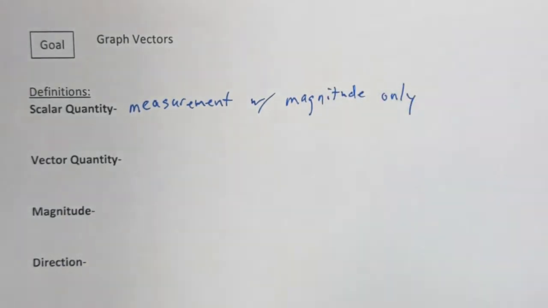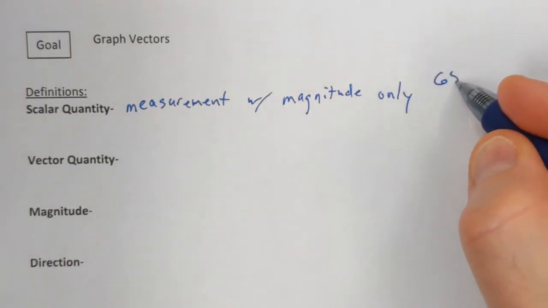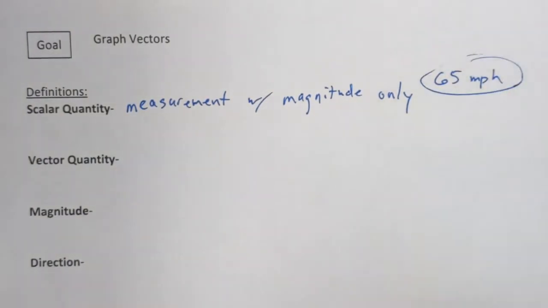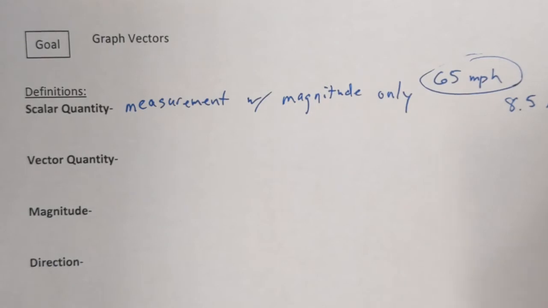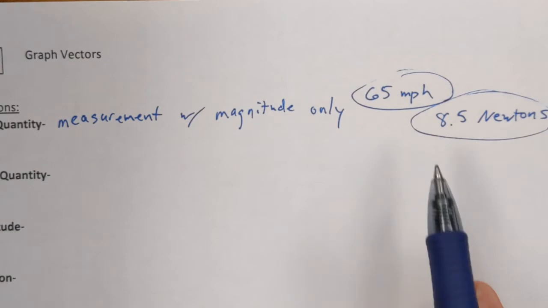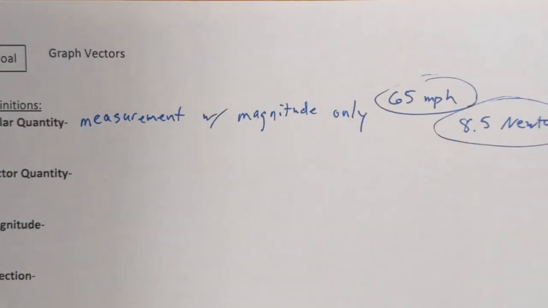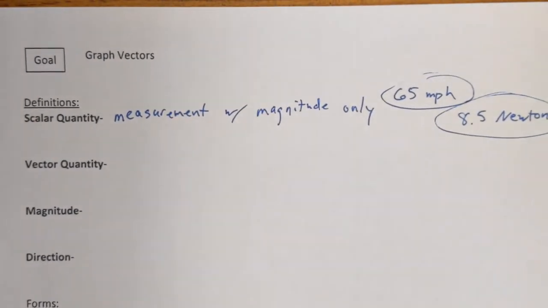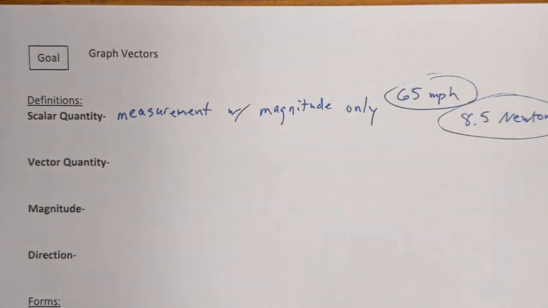So if I told you, for example, I was traveling 65 miles per hour, or if I were to tell you that I was pushing with a force of 8.5 newtons, well, these would be examples of scalar quantities because I'm giving you this value, like a size or a speed, but I'm not giving you any direction. So if I'm going 65 miles per hour, that might be a good thing to know, but where to? In what direction am I heading? Am I going to the north or to the south or to the west?